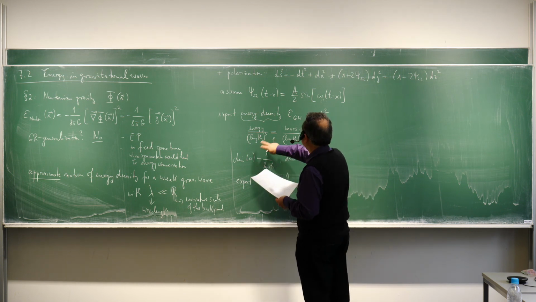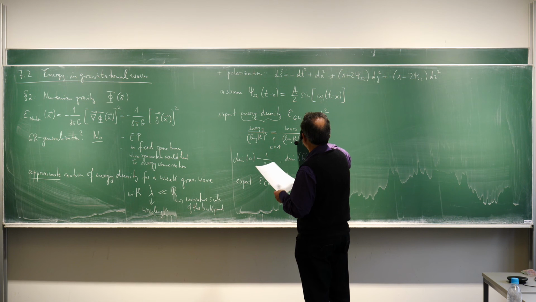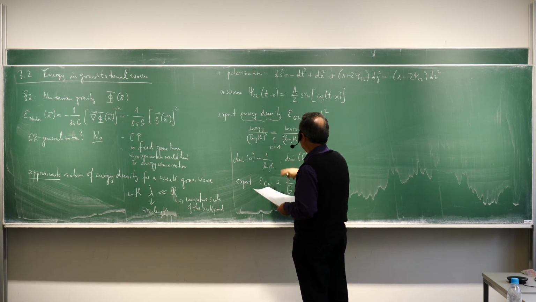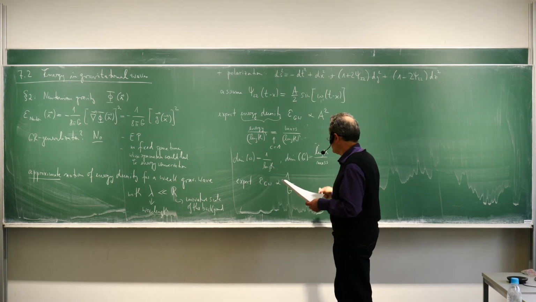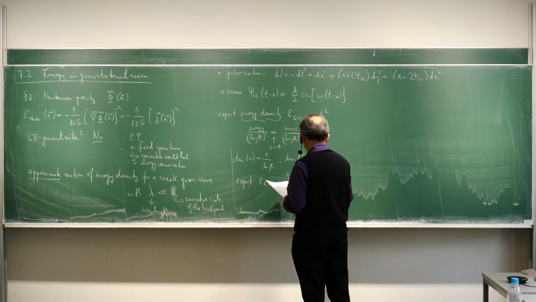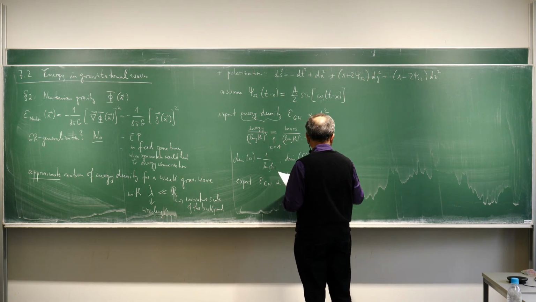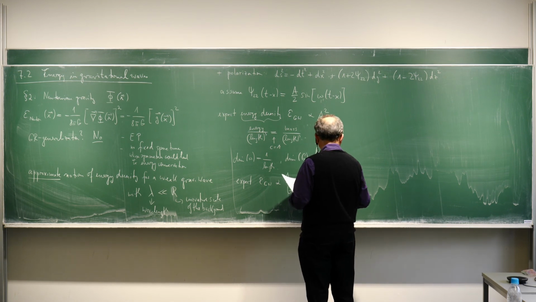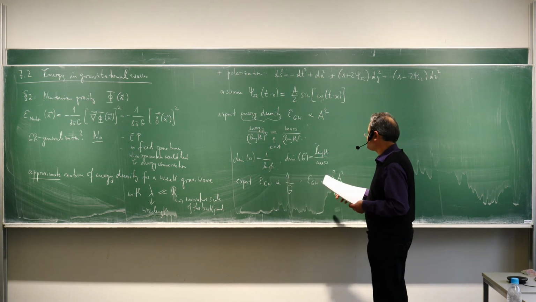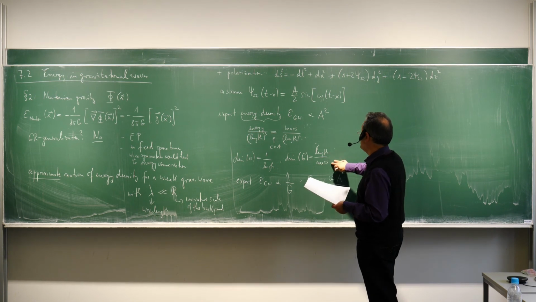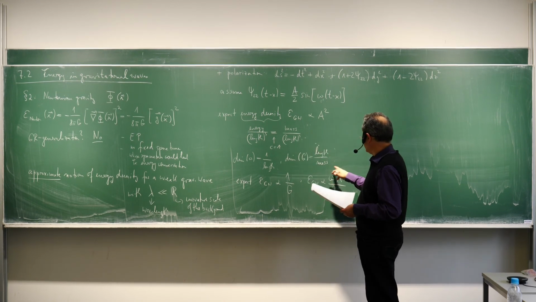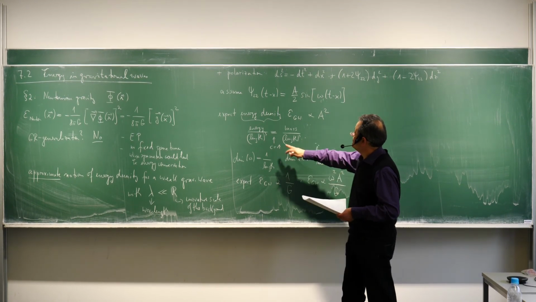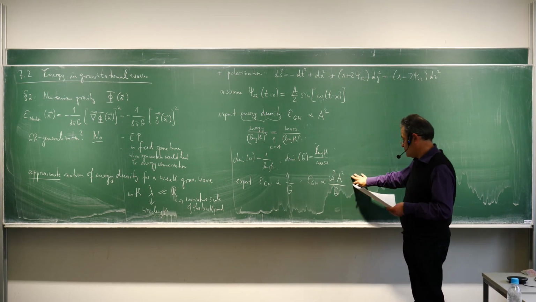And so to get the dimensions correct, to have a mass over length cubed, you would have to compensate this difference by the square of omega a. So we will have epsilon gravitational waves proportional to omega squared a squared over G, because the 1 over G is mass over length, and then you get 2 powers of 1 over length, which is 1 over length squared. So then you get the 1 over length cubed. So you would expect that.